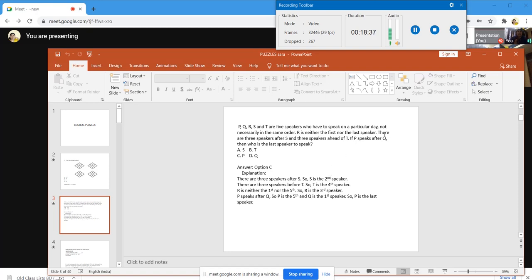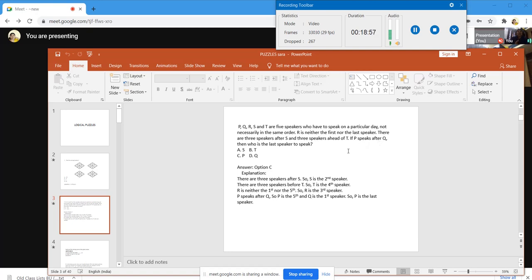And then you can read the question. After S there are 3 speakers ahead of T. Ahead of T, so there are 3 speakers before T, so T will be in the 4th place. And if P speaks after Q, there is a next clue.